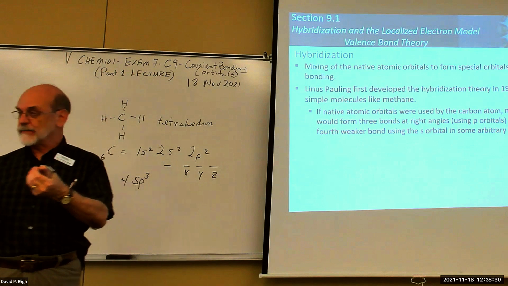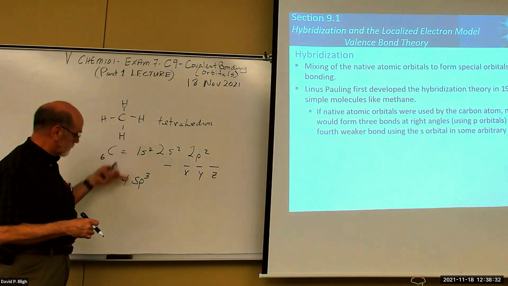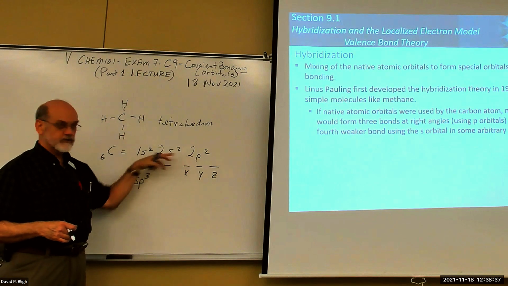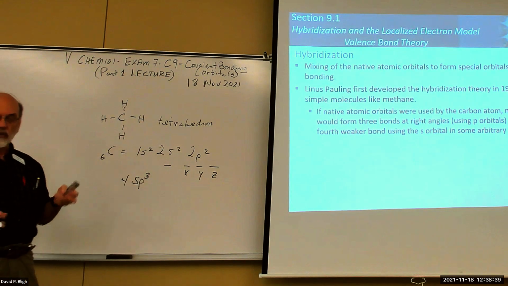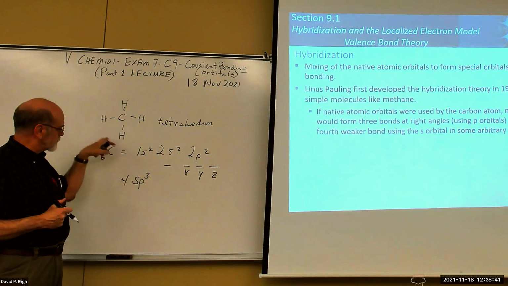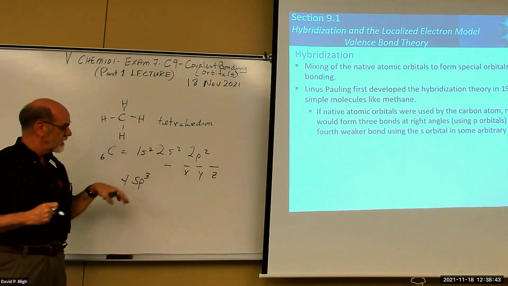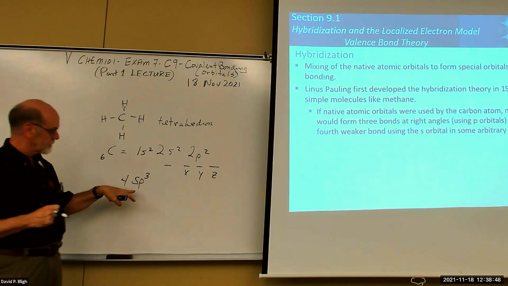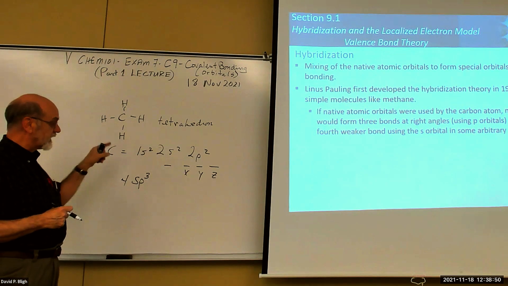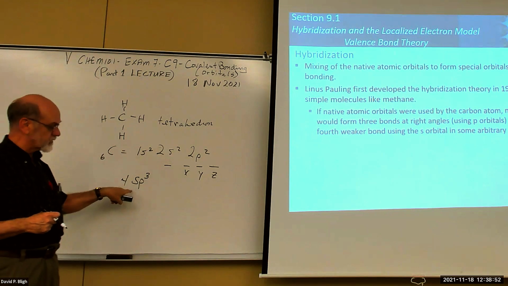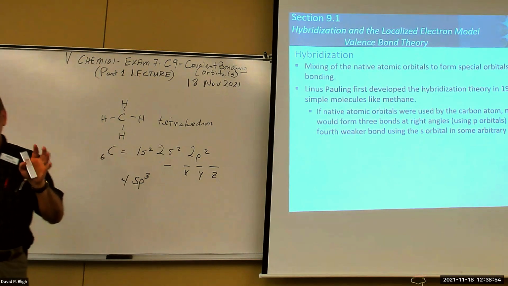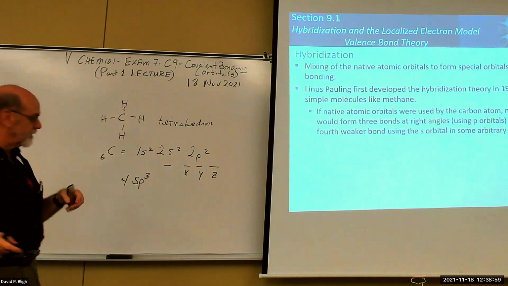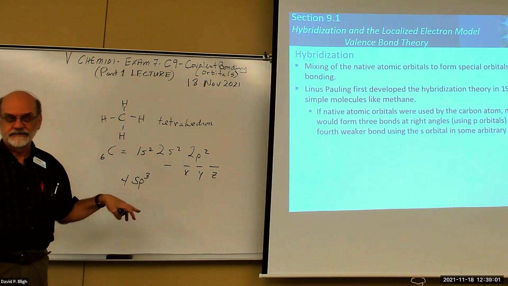One carbon atom would not have any of these orbitals right here. It doesn't need them. It has the original structure. But once we enter into this association with 4 hydrogens, these hybrid orbitals develop to accommodate them. So the bonding itself is what stimulates the production of these hybrid orbitals. And of course, you have to remember, nature just does what it does. This is our explanation for it.